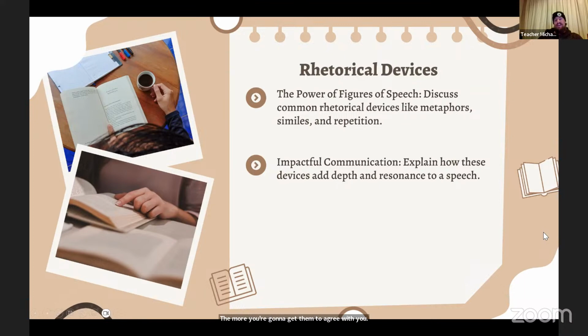So these rhetorical techniques or devices can add a lot of, not so much believability, because that's more to do with ethos in the beginning of the speech. But you can add a lot of depth to your speech using these techniques. So really check out that video link that I posted. Except babies.